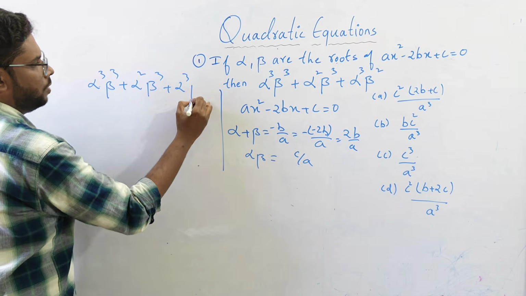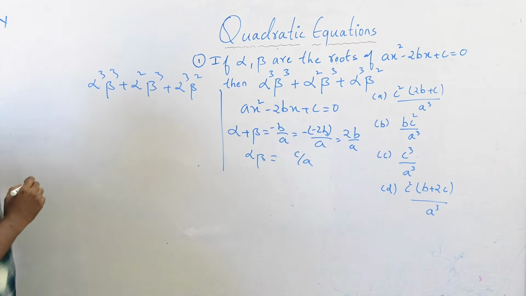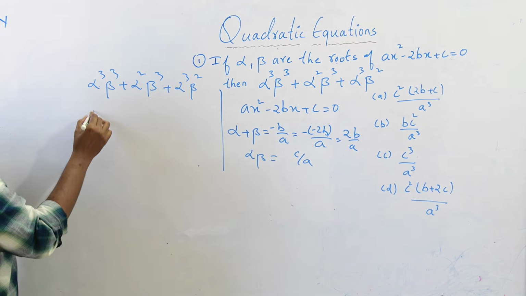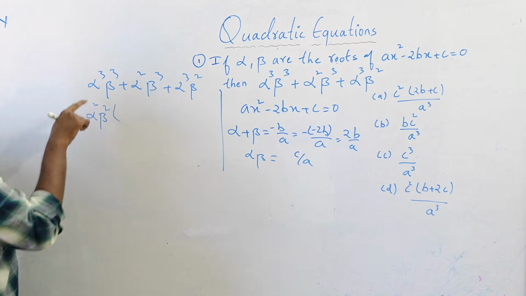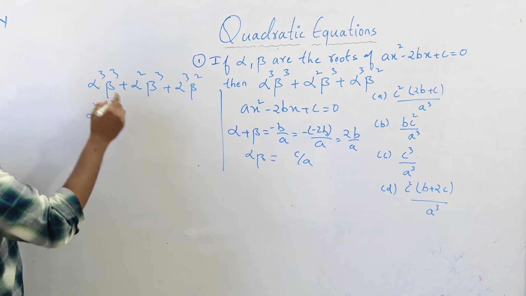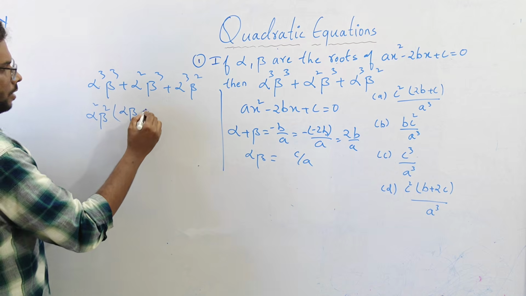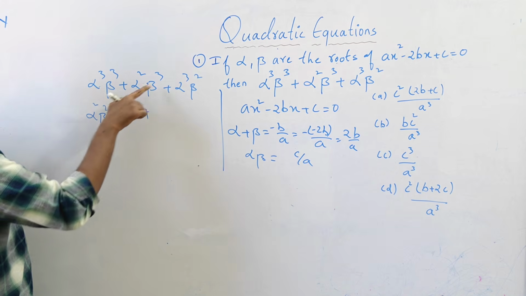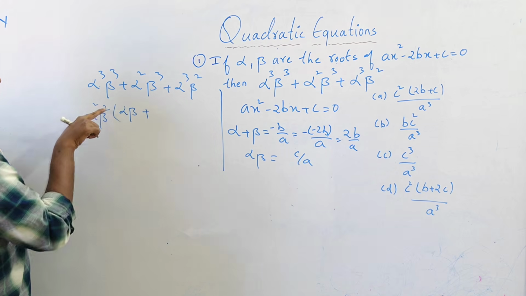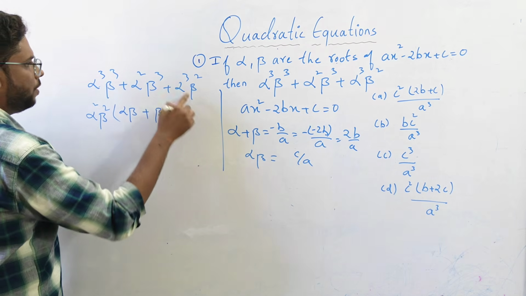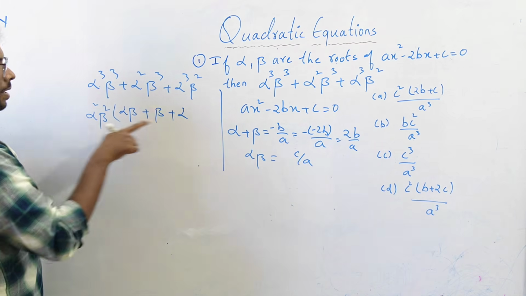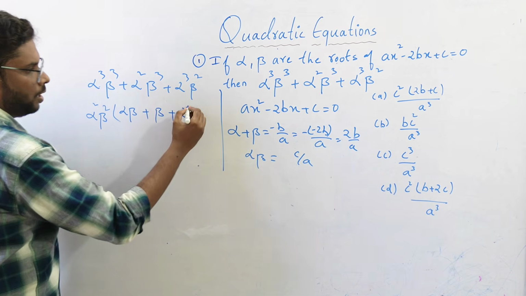From this, can I take alpha square beta square common? So what do I get? Alpha square beta square common, means alpha beta will come here, plus from alpha square common, beta cube is here, beta square is common, so beta will come, plus alpha will come here, alpha cube is there, we are taking alpha square common, beta square is common. So now what is left?